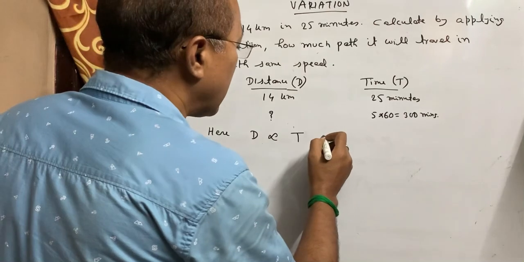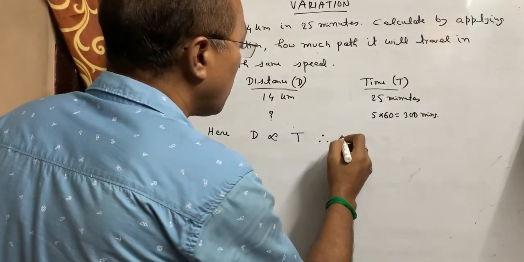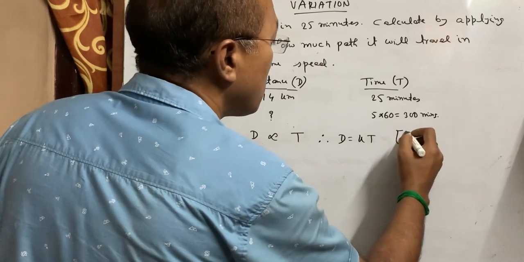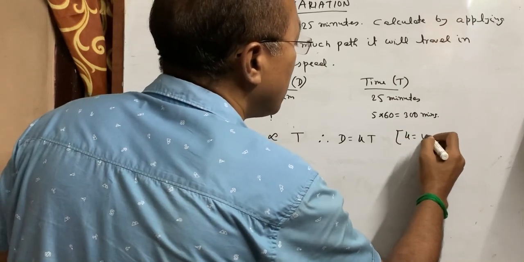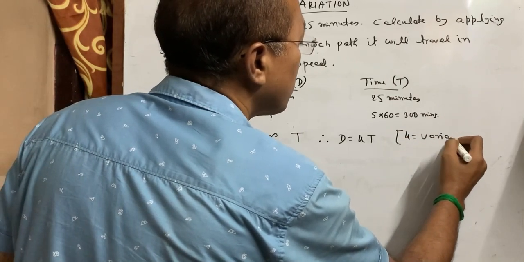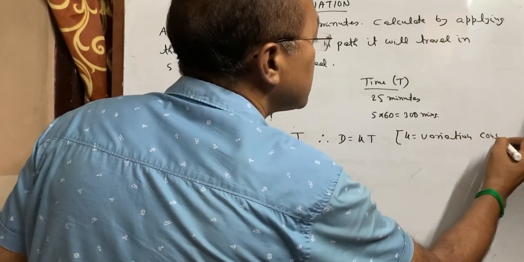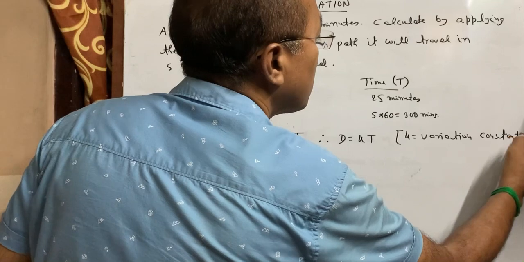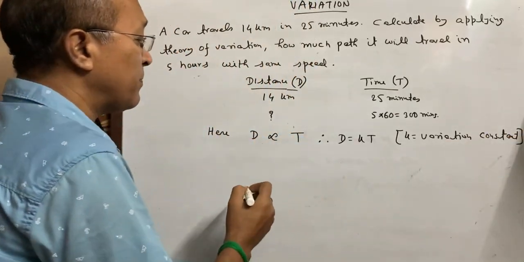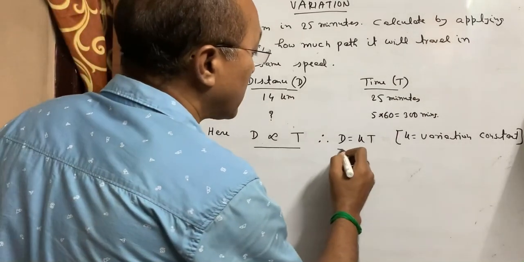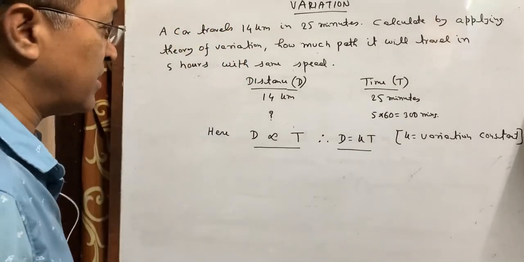Therefore we can say d is equal to kt, where k is the variation constant.